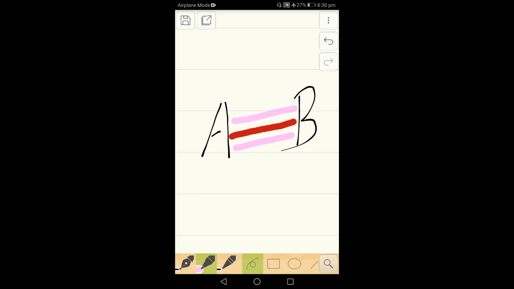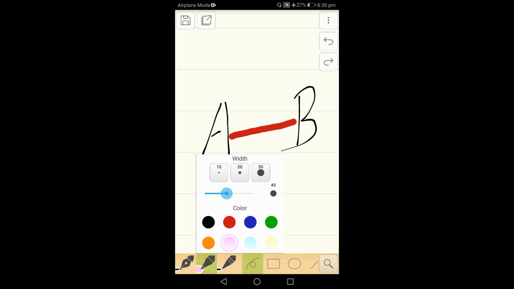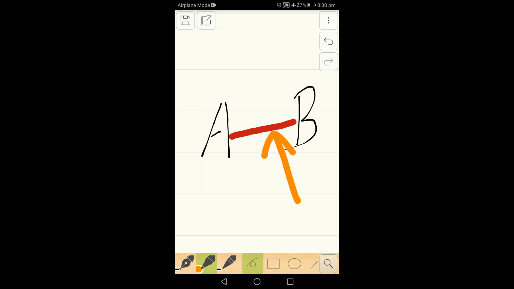For example, between A and B, there is only one bond, so that bond must be a sigma bond. This is the symbol for sigma.